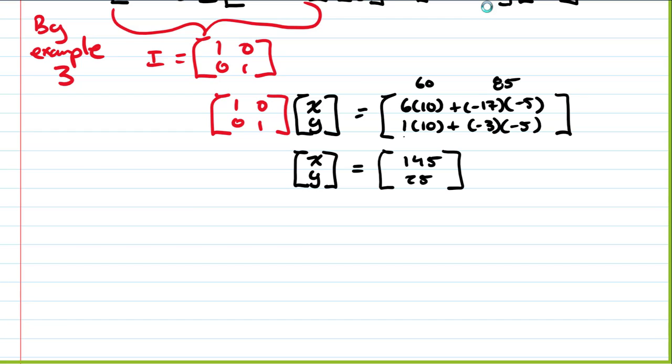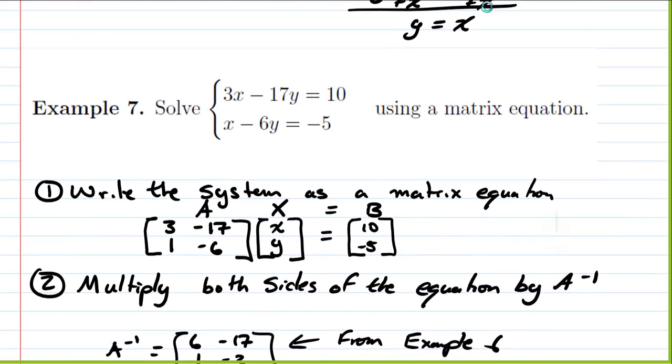So then, using matrix equality, x has to be the same as 145, and y has to be the same as 25. So that gives us x equals 145, and y equals 25. And we then have the solution to that linear system.